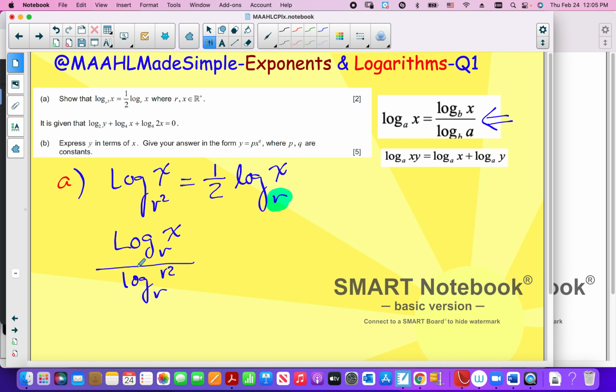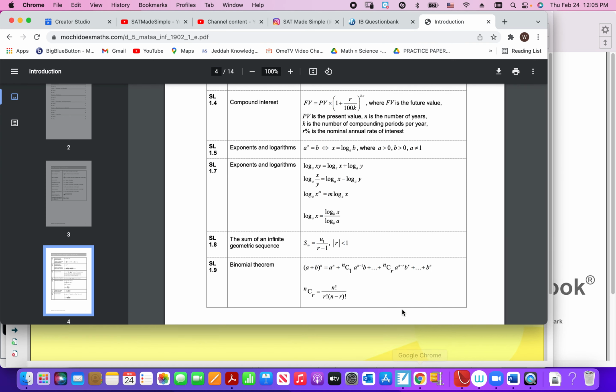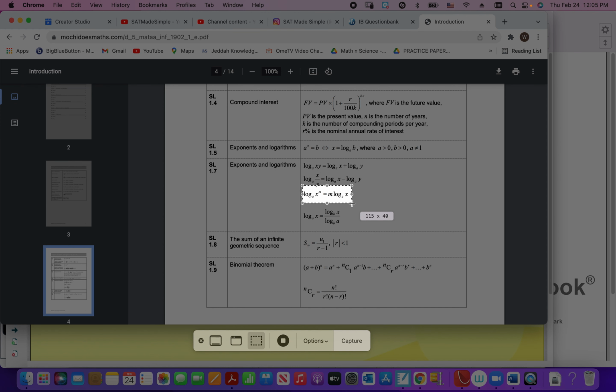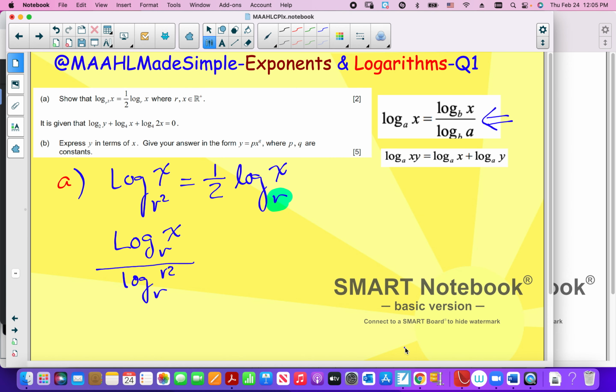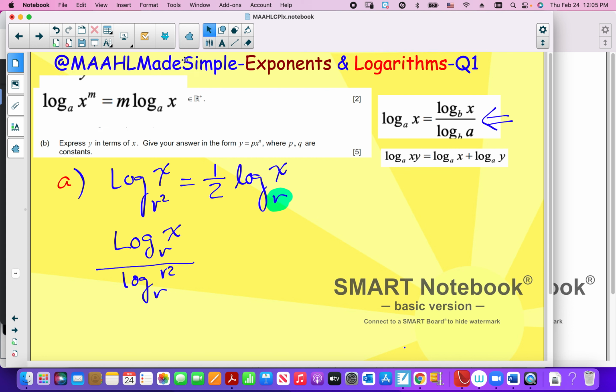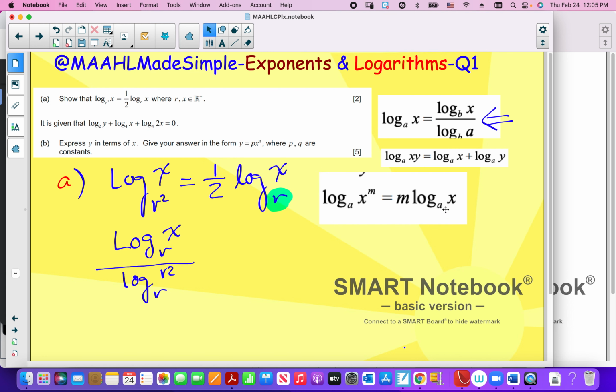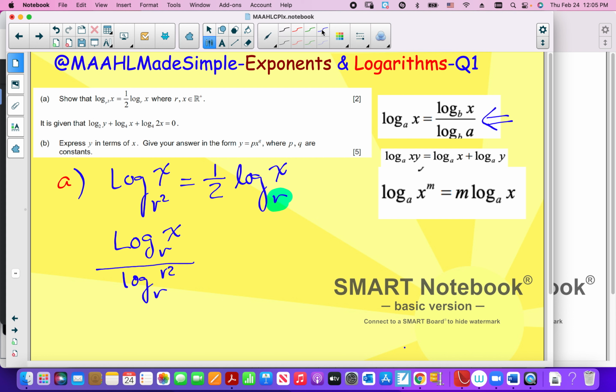Using this property from the formula booklet as well: log x to the power m base a can be written as m times log x base a. That's it. I can express the denominator as log x base r over, bring the power down, 2 log r base r.